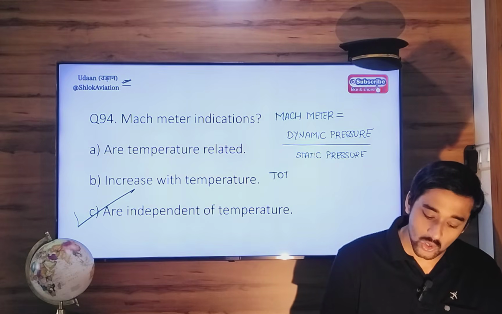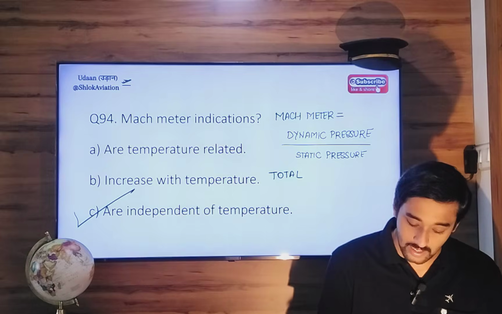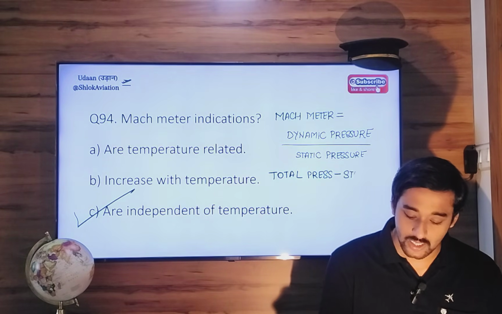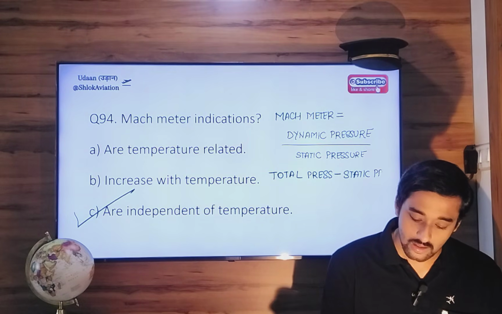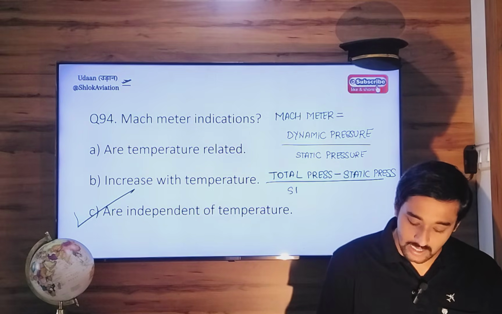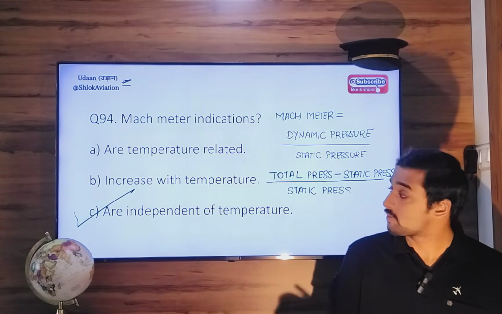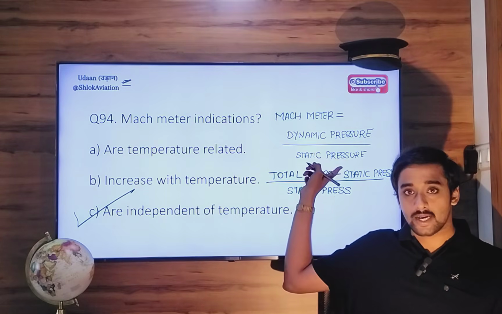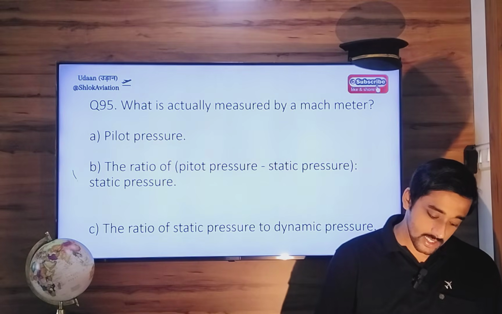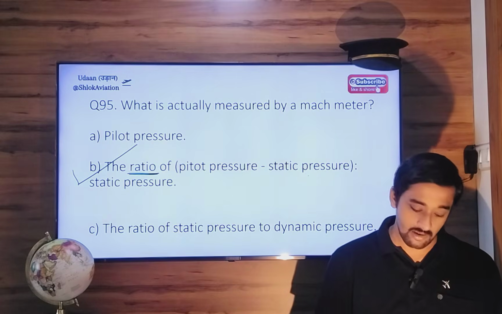Dynamic pressure is nothing but total pressure, which is another term for pitot pressure, minus static pressure, divided by static pressure. So that is your Mach meter indication. Total pressure minus static pressure gives dynamic pressure, divided by static pressure. So the correct answer here is option B, the ratio of pitot minus static divided by static.